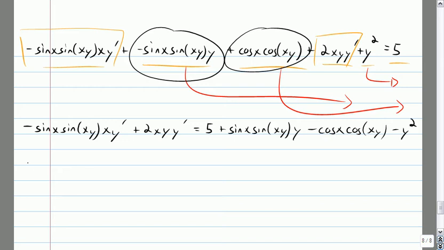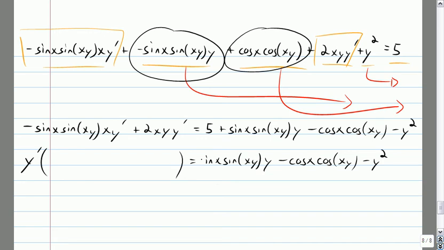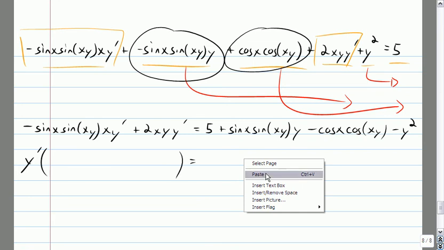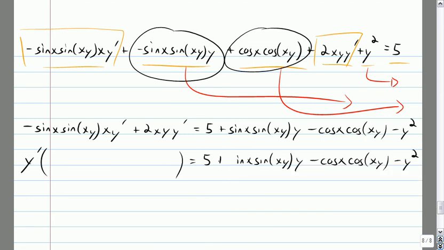So on the left, you factor out the y prime because it's present in both terms. Let's make that easier. Copy paste the right side. Okay, so I factored out the y prime.